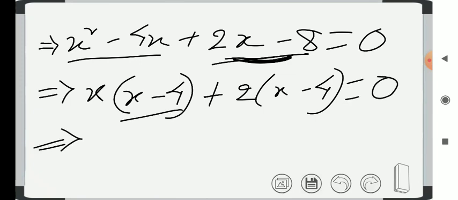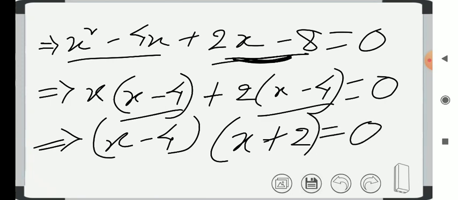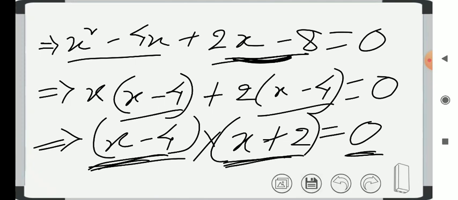Now x minus 4 is common, so taking it out, the left out is x plus 2 equal to 0. Now it is in the form of factorization, which means multiplication. So either x minus 4 equals 0 or x plus 2 equals 0.